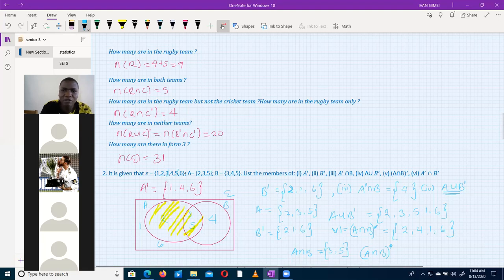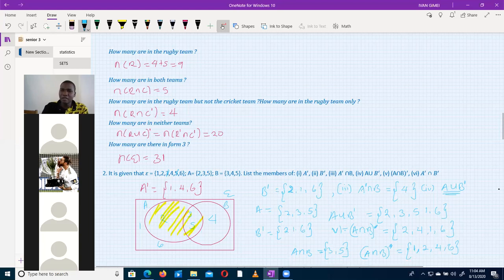So all these other ones will make my set A intersection B complement. Hope you're getting this, because these terms are the ones we're going to use very often when you find the higher order questions. They'll be using these terms to put you off. But if you know them, then it will be very easy for you to pass them.